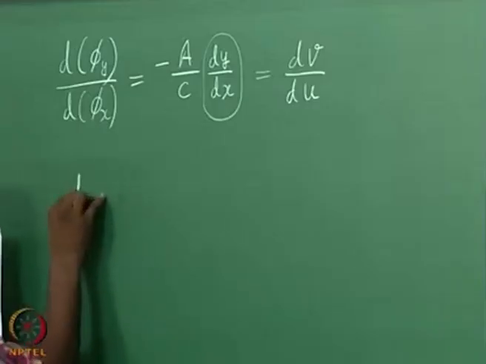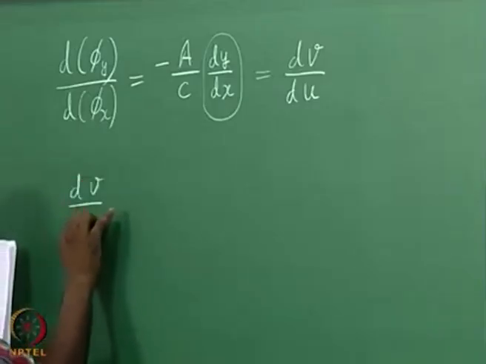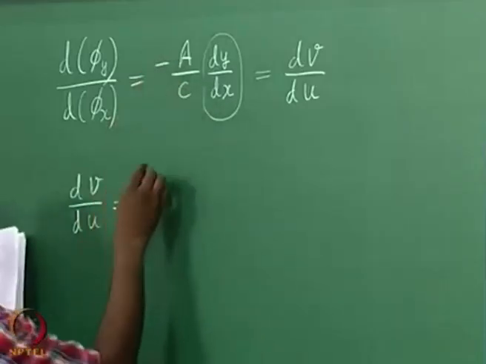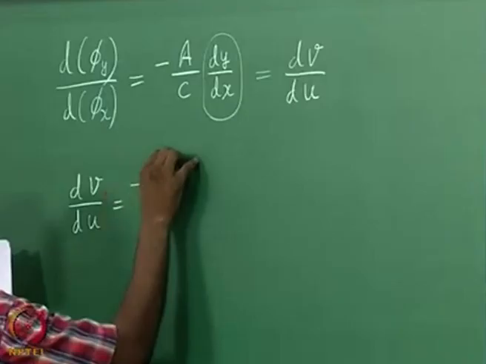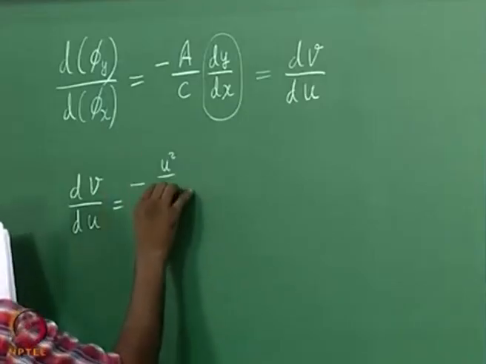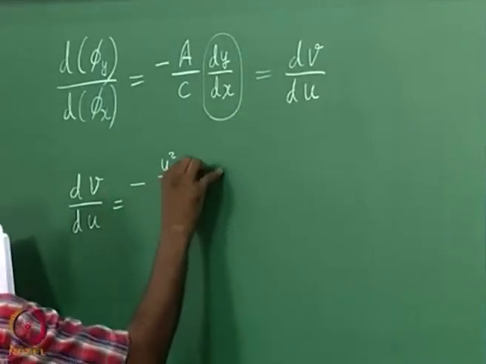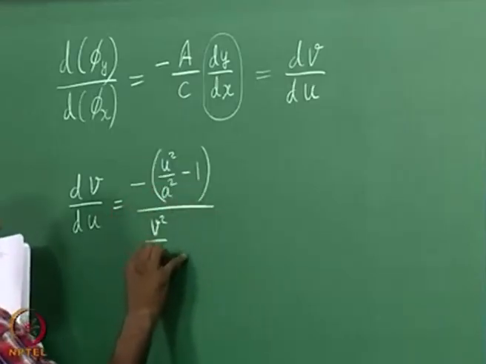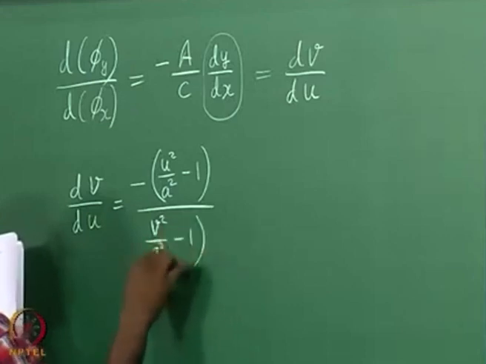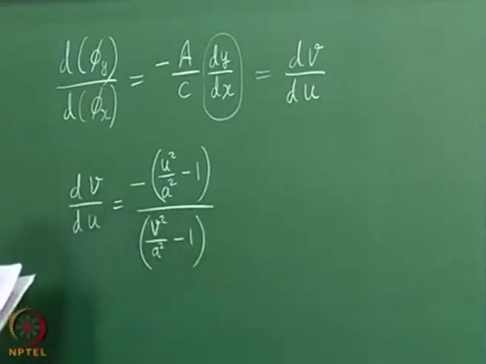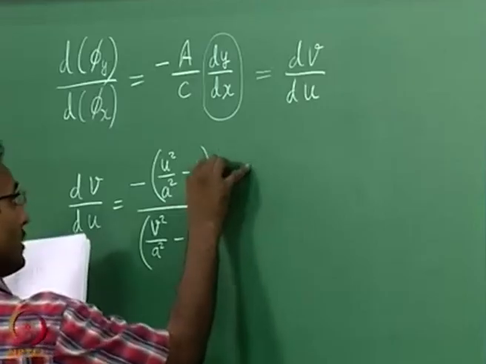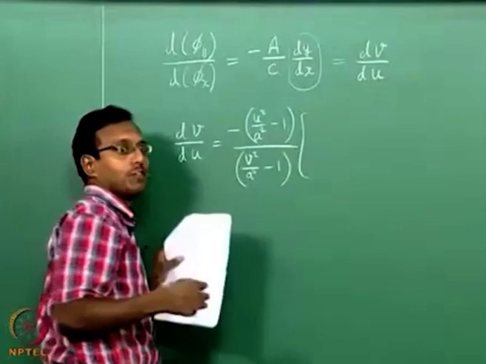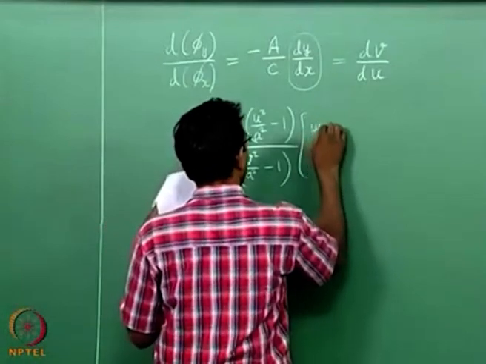So I will write dv by du equal to this a and c I will write here, these are my a and c values. Now inside I will write the expression we wrote for dy by dx in terms of u and v, so that things are getting simpler.